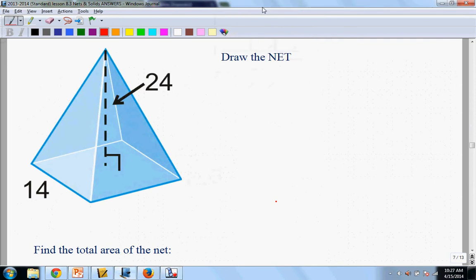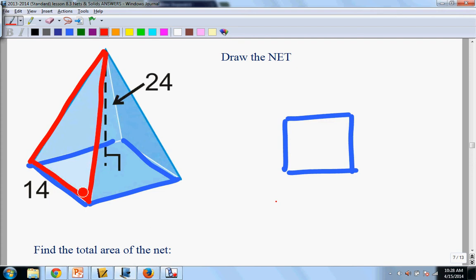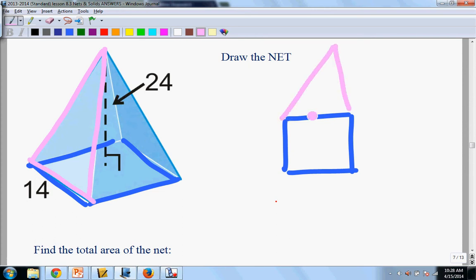Okay, so we're on page 7. I'd like you to unfold it and draw the net. You've done this several times already. Unfold it, draw the net.